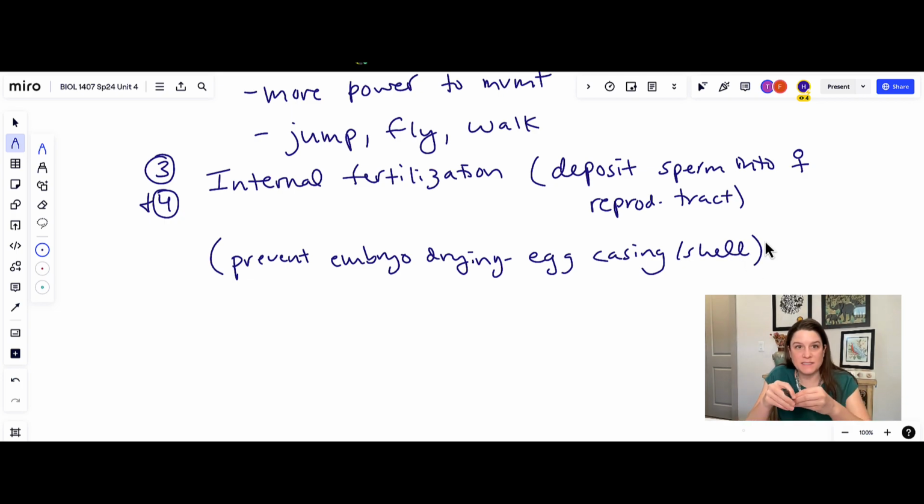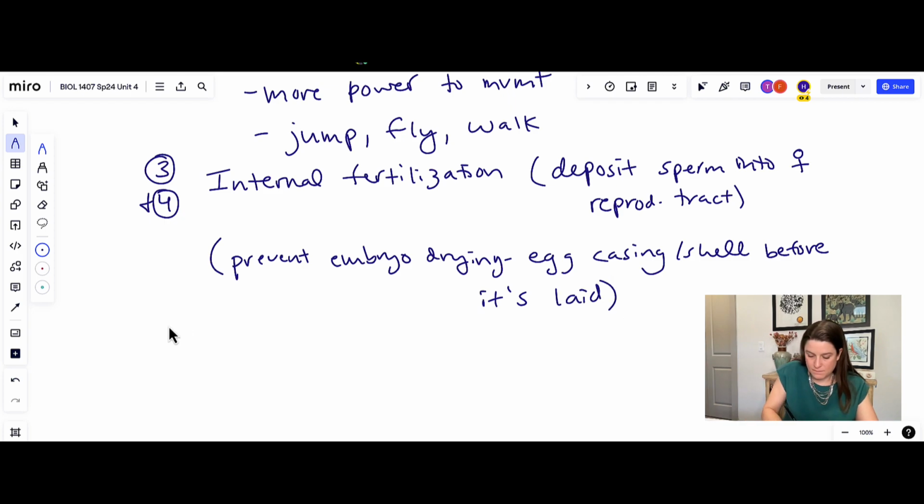Often you're going to have an egg casing or shell when it's laid. Fertilization can't happen through the shell as far as I know, but it can be made. And that's a strategy. Some carry their young in sacks and things, but we'll get to that.